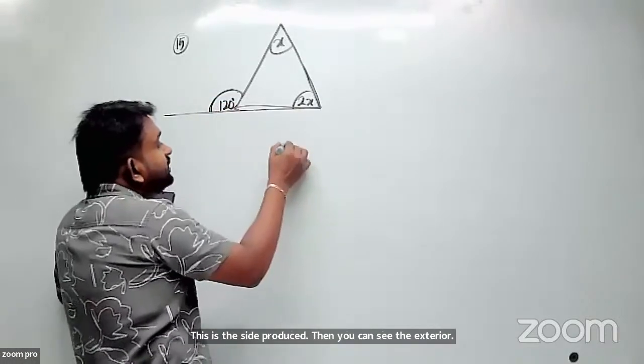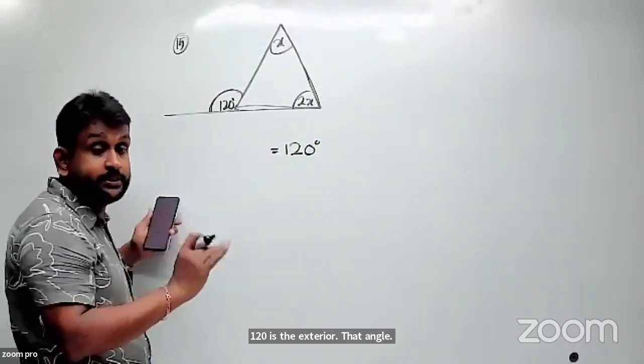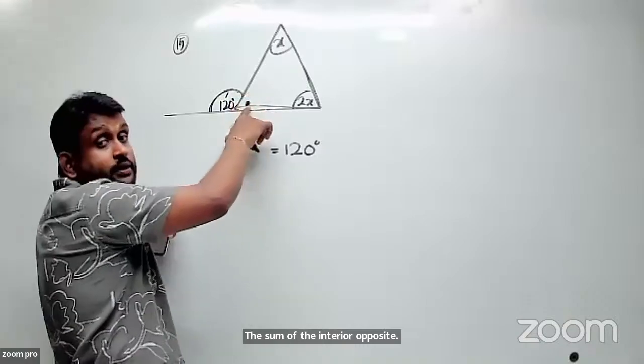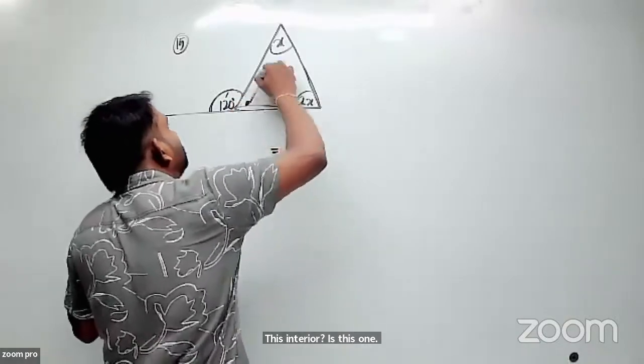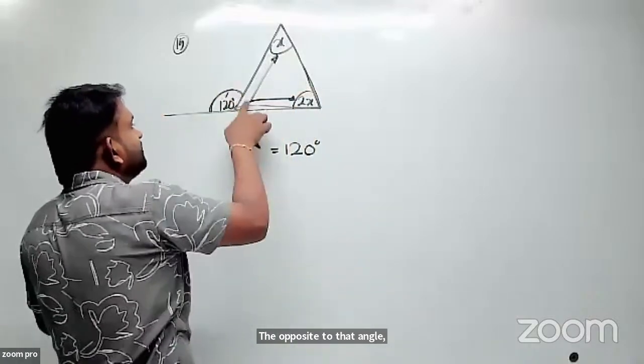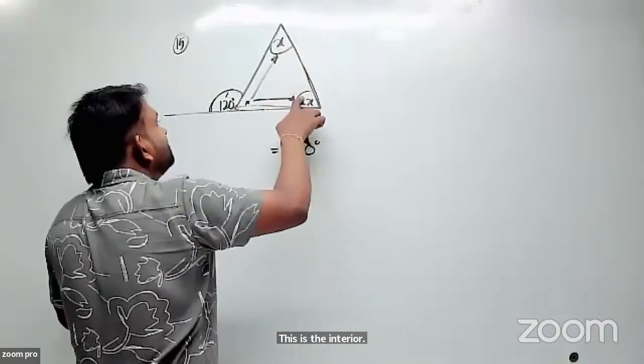120 is the exterior angle. That angle equals the sum of the interior opposite angles. The interior is this angle, the opposite to that angle. So these are the opposite to that angle. Opposite to that means these two, right? That is x and 2x.